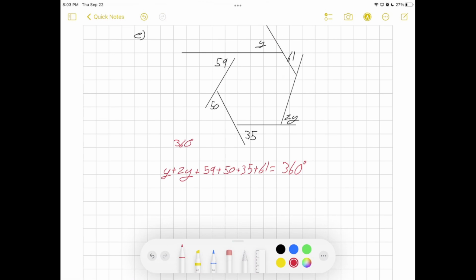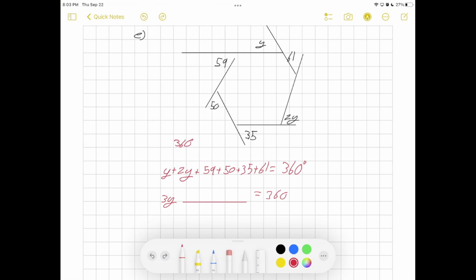Now, what we can do first is add these two together and make it 3y. So 3y plus the rest is equal to 360.